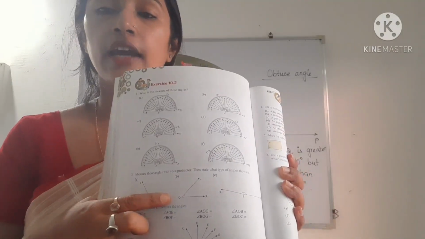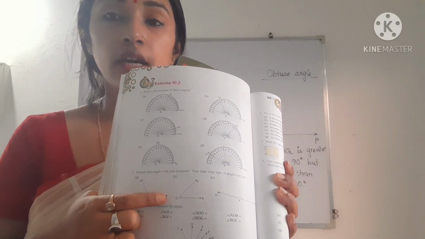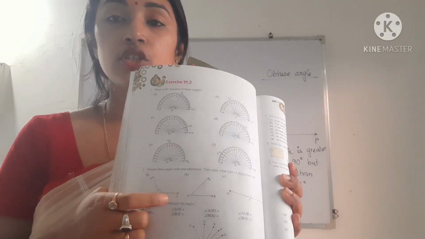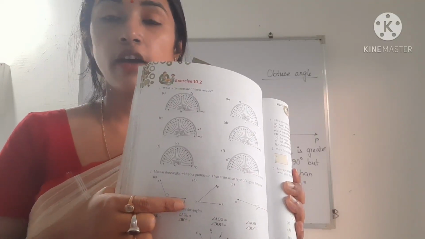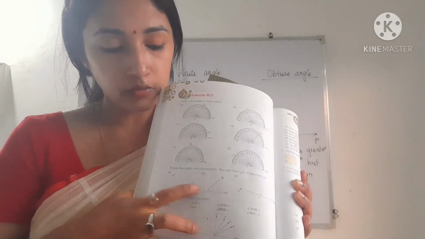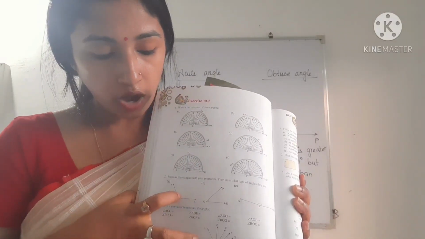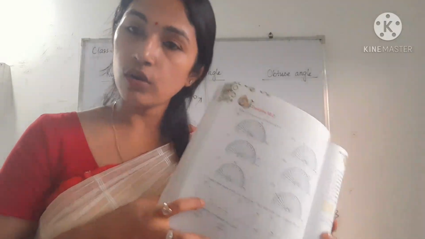And the initial line should coincide with 0 degree, placed along 0 degree. You have seen the protractor where 0 degree is. Place it that way and count the angle in degrees. You have to use the lower scale.